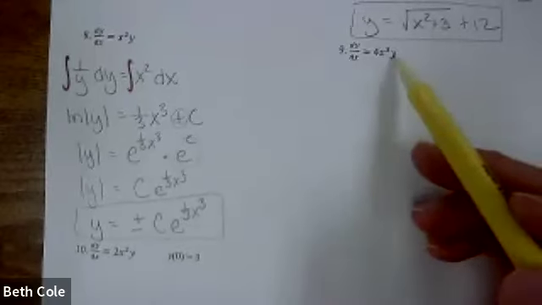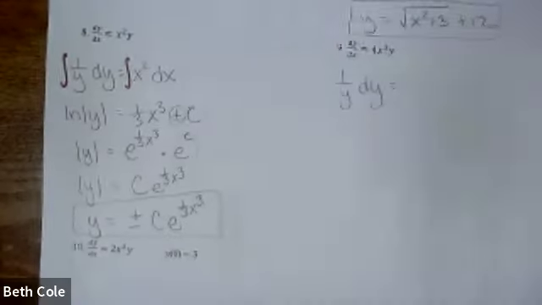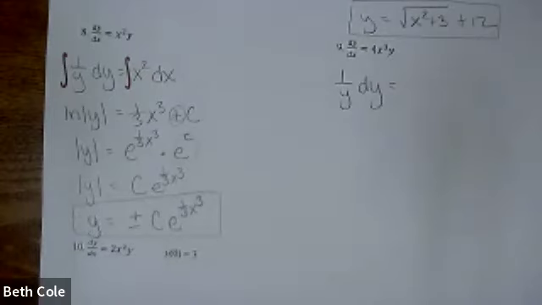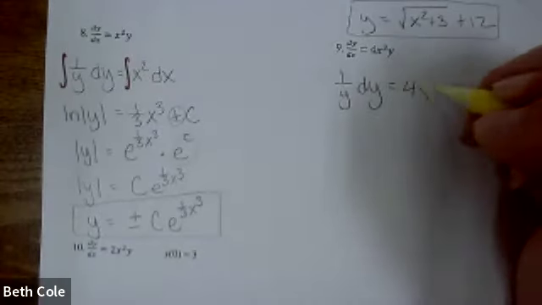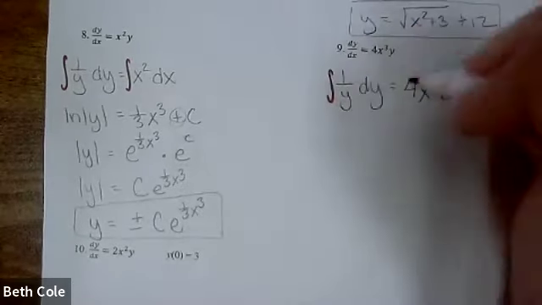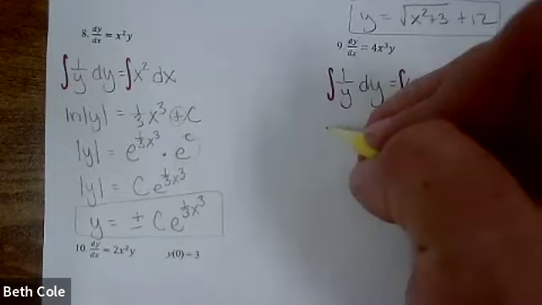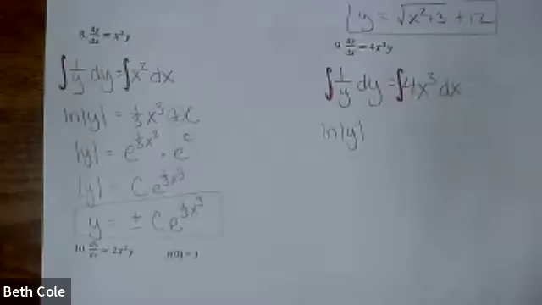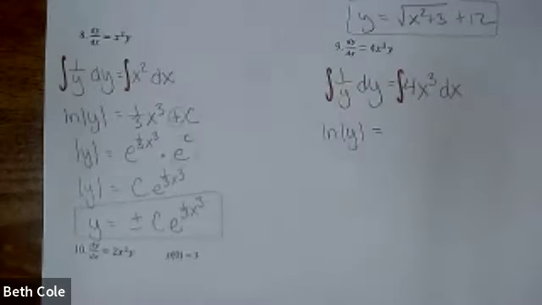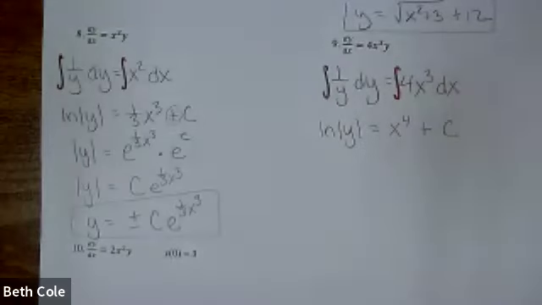Let's try it again. How would you move this y to the left side? You would divide. So 1/y dy equals 4x to the 3rd dx. E is a number, C is a number. The whole thing is just a number. We just call it C. All right, what is your antiderivative for 1/y? ln, absolute value, y, equals antiderivative of 4x cubed, x to the 4th, plus c.